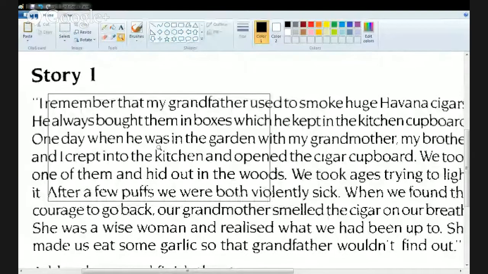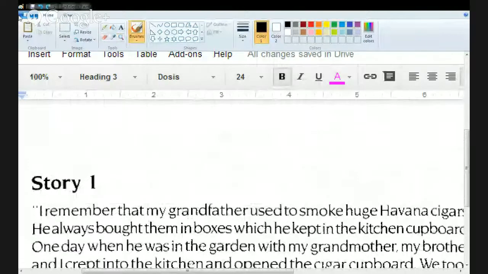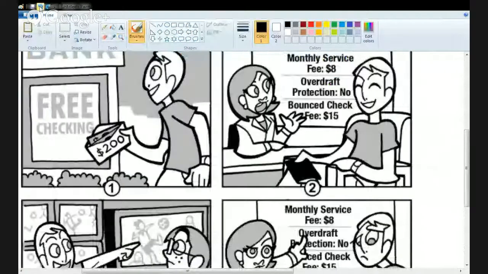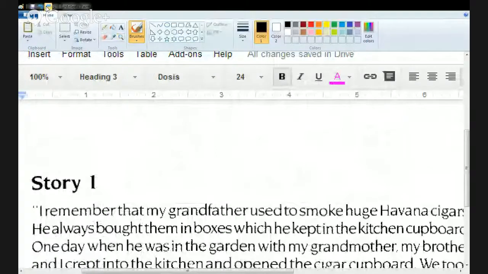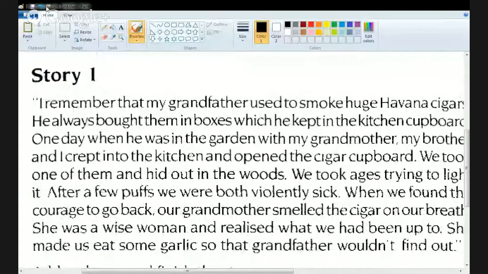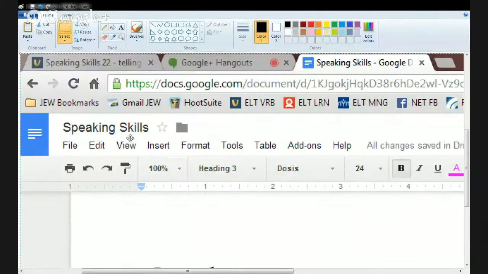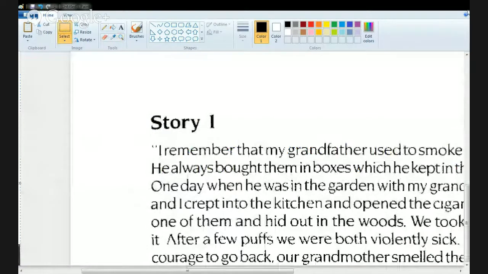I've got some limitations in what I can do with Microsoft Paint. Let me close this and reopen it, otherwise you're not going to be able to see the text. Give me a second here.